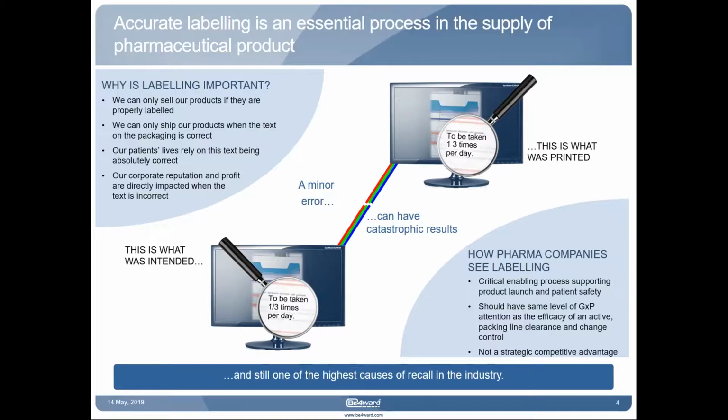So the instruction was telling you to inject into your eyeball, but what you've got is an eyedropper, and that's very difficult to try and stick in your eyeball, obviously. So getting it right is important for the patient, and getting it right is important for the company, obviously. Down on the bottom right-hand side, how the pharma companies see labeling?